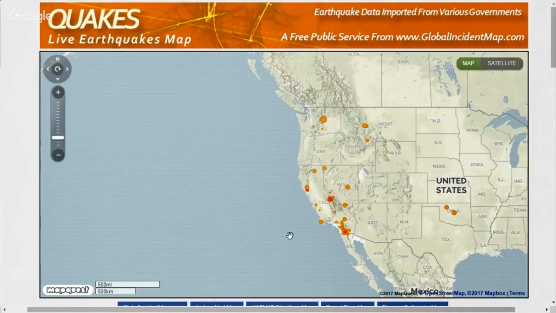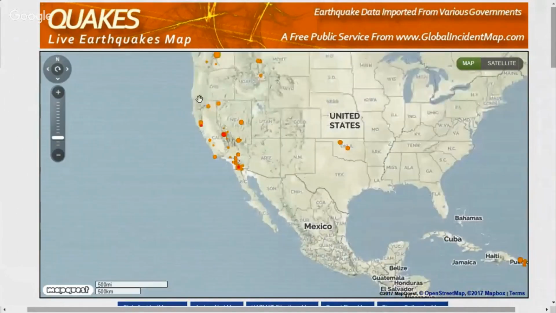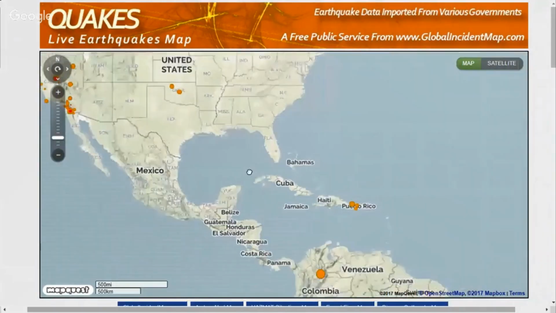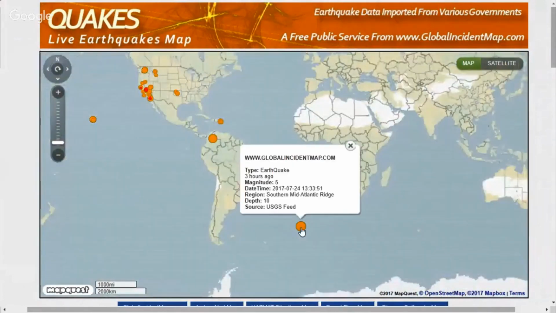So you can see a nice little swarm of earthquakes encompassing California, Nevada, and a large portion of Southern California. Oklahoma, with its daily 2.3 earthquakes, they all refer to that as being something to do with fracking. And what do we have there? Magnitude 5, depth 10 kilometers, Southern Mid-Atlantic Ridge.